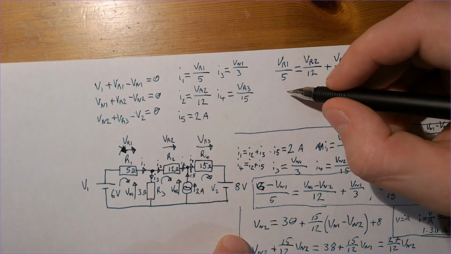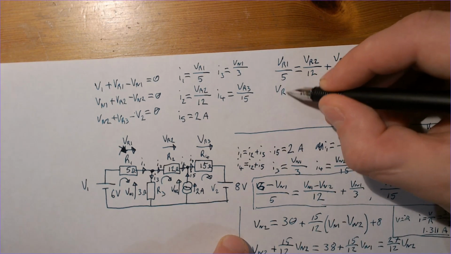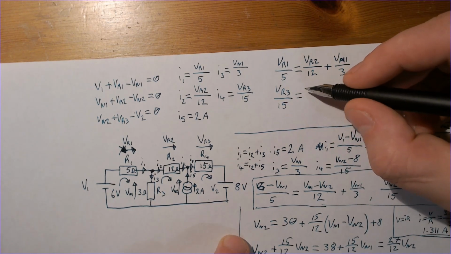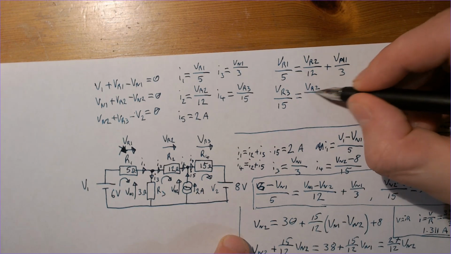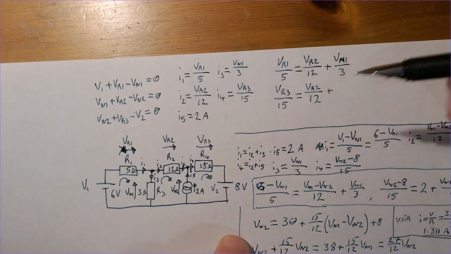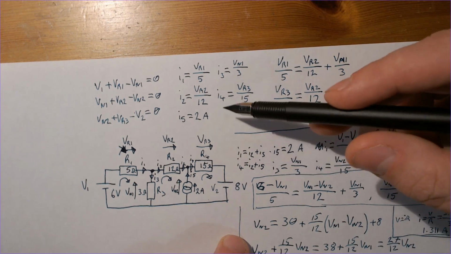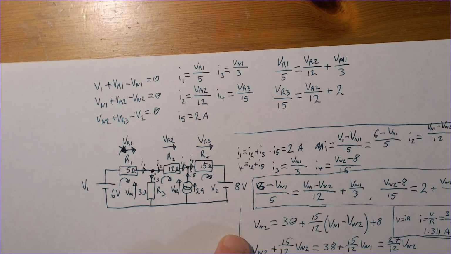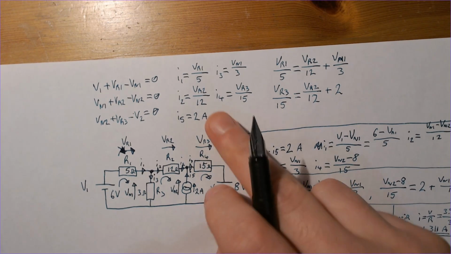And the other one is VR3 over 15 equals VR2 over 12 plus the I5, which is 2 amps. So we're done with these.